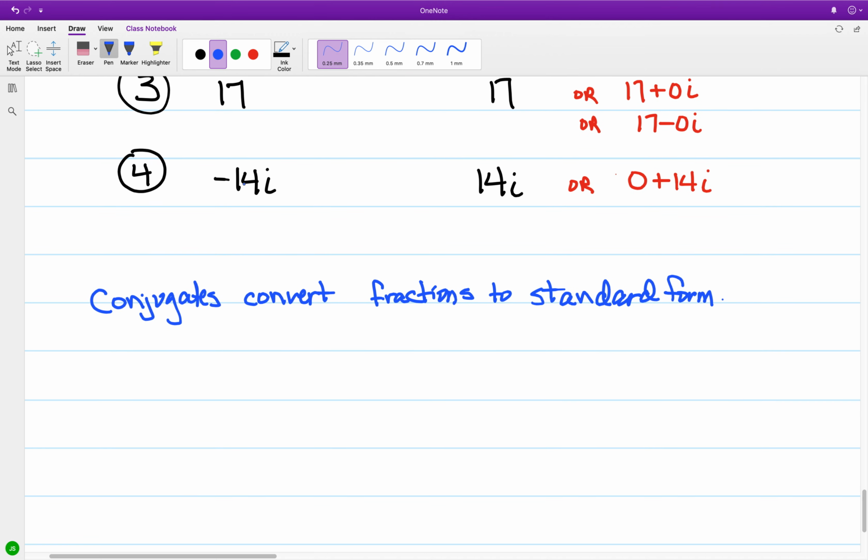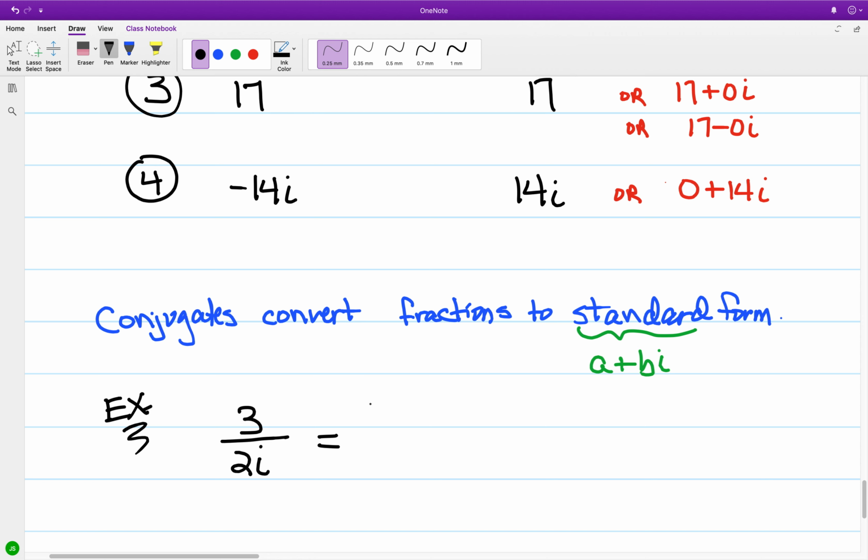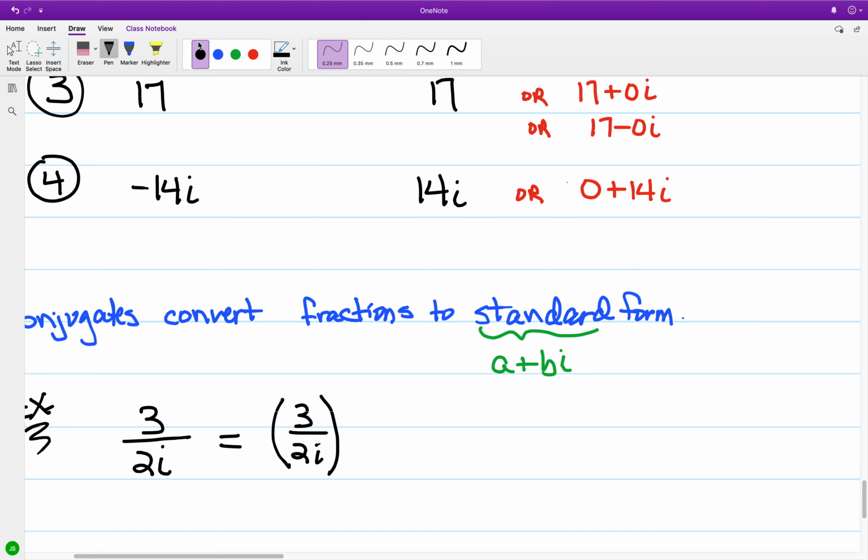By standard, I'm talking about a plus bi form. If you have a fraction such as 3 over 2i, you're going to take the conjugate of the denominator, 2i, and multiply the ratio by 1 in the form of the conjugate divided by itself.